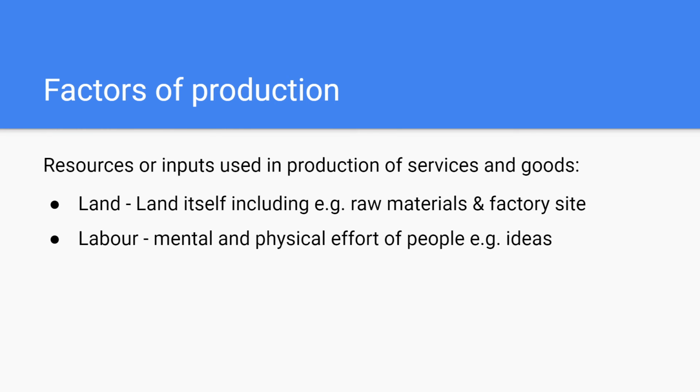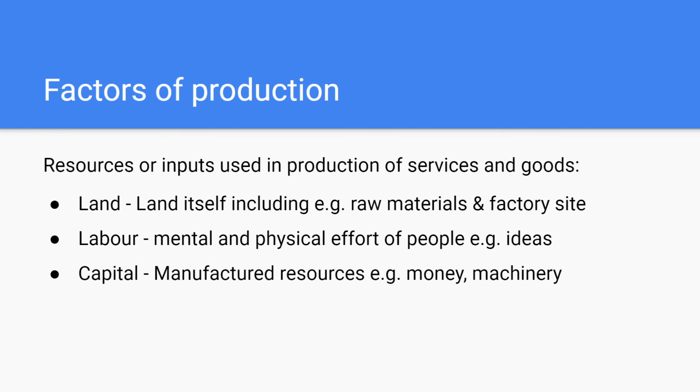The second factor of production is labor, and that's all the physical and mental effort of people that goes into producing a good or a service. For example, the creative thinking and the ideas of people. Then the third factor of production is capital.